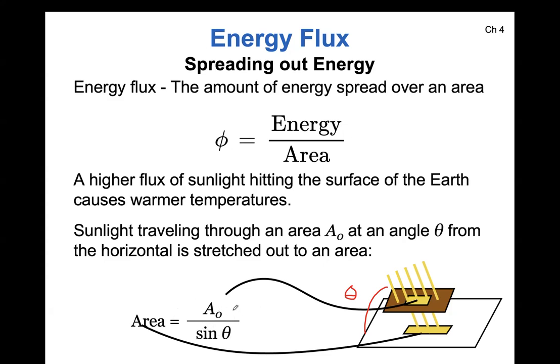If the numerator is constant but you're dividing by a larger and larger denominator, you get a smaller and smaller result.